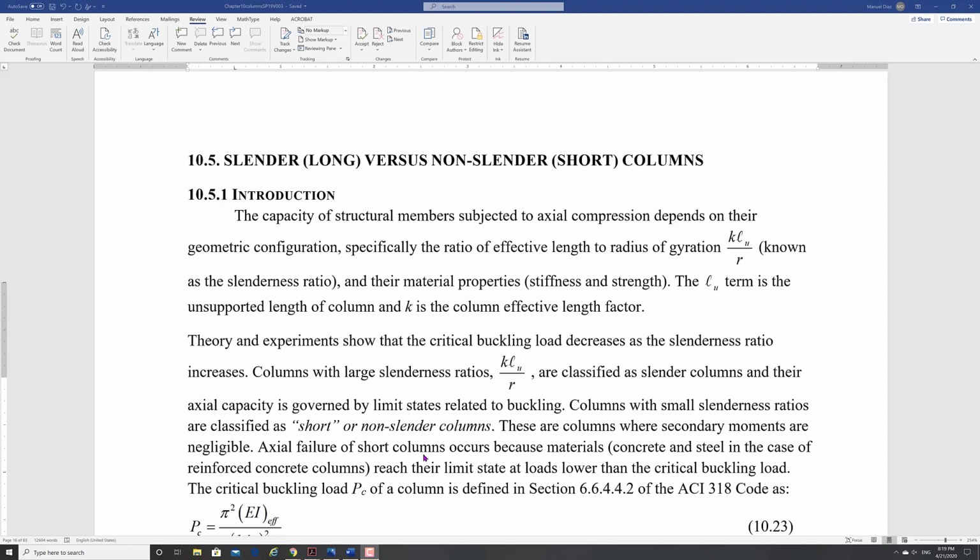So in the case of short columns, what that means really is that the column actually reaches the strength of the materials before failing. In the case of a slender column, the column may simply fail and still haven't reached the maximum strength of your materials. So that's what is important on this.